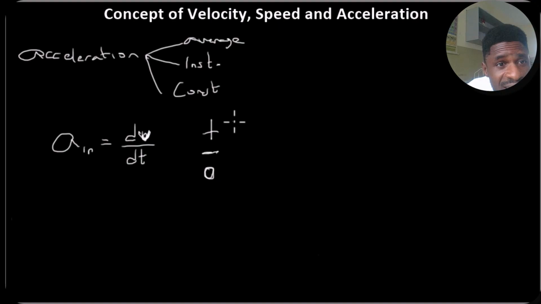When I'm changing velocity towards the right. Remember, we said for velocity to be positive, it means I'm changing position towards the right. For acceleration, whether average or instantaneous, to be positive, it means your velocity is changing towards the right.